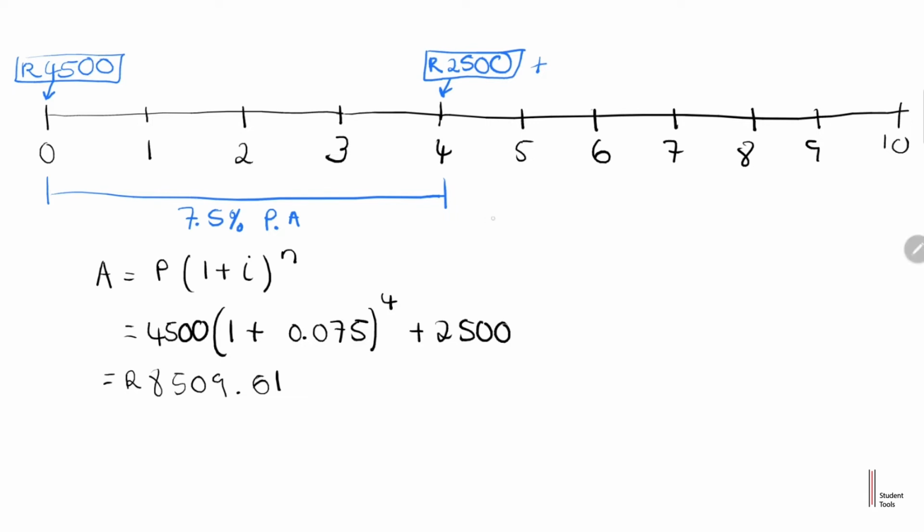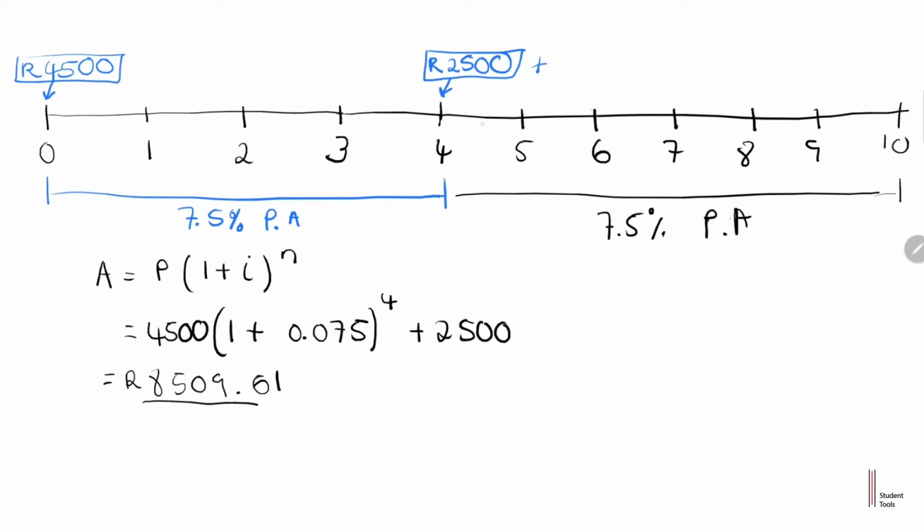What we know is the interest gained also from the 4th year up to the 10th year will be 7.5% per annum. And we also know that on the 4th year, the amount of money that is in her account is 8,509 and 61 cents. So now we will calculate the amount of money that will be accumulated from the 4th year up to the 10th year.